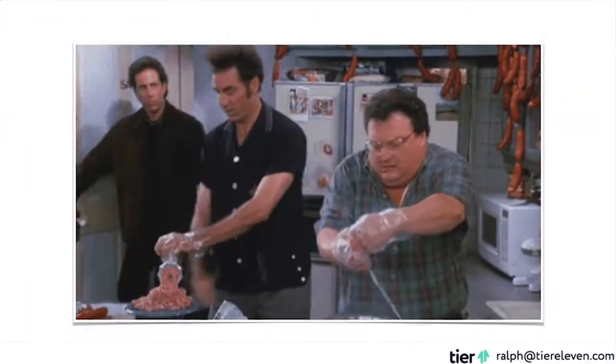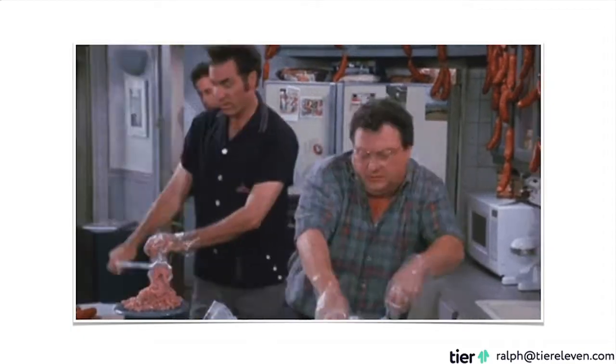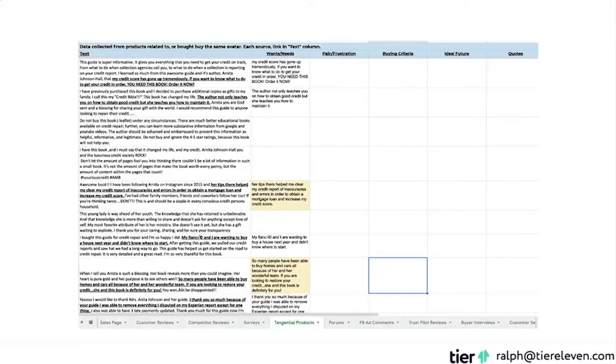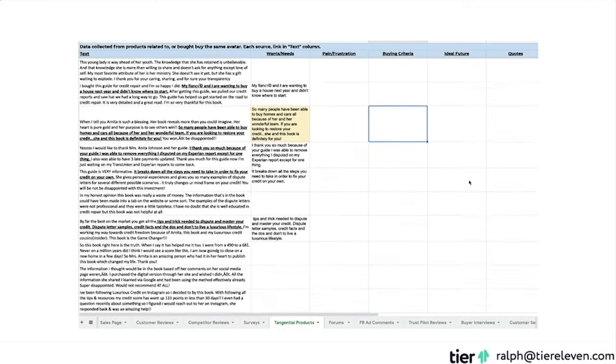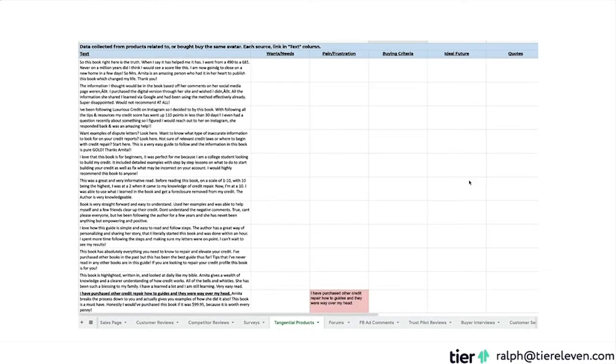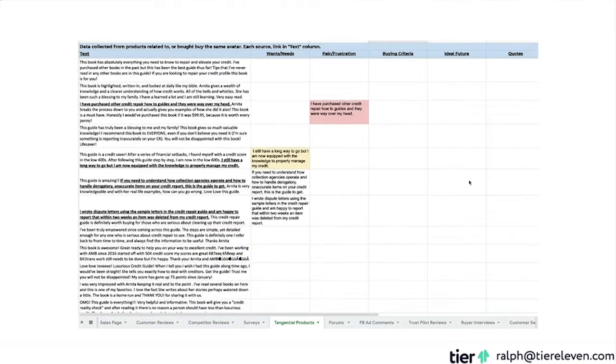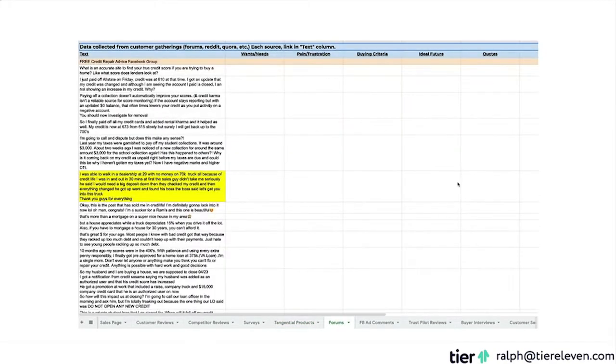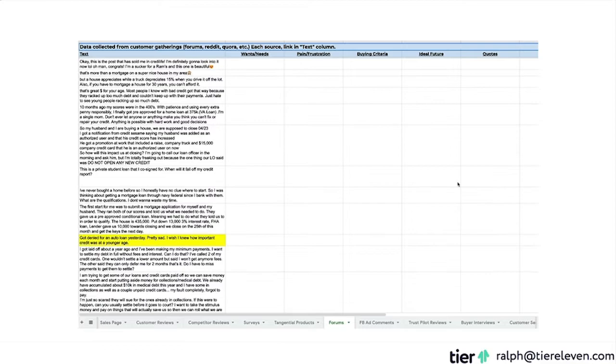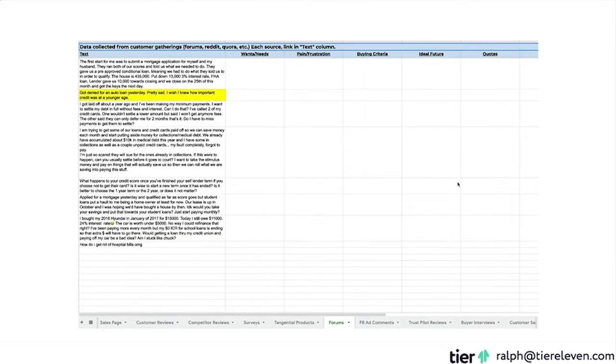So let's get a little bit into how the sausage is made per se. I've given you a lot here, 16 different data points for you to pull out, but what does it look like when we do it? So this is, in essence, a data sheet that goes through all of these things. This is tangential products that we found on Amazon, and then forum searches, so there's thousands of lines of code inside this master document.